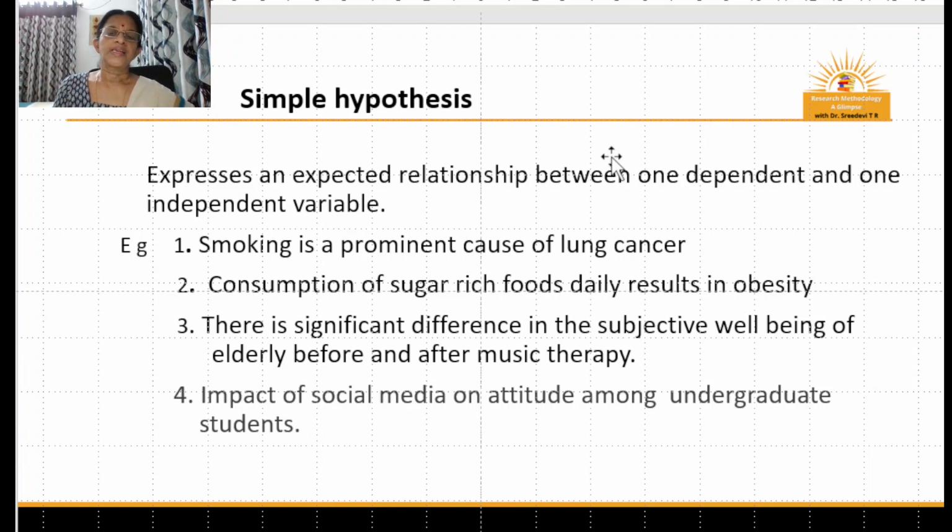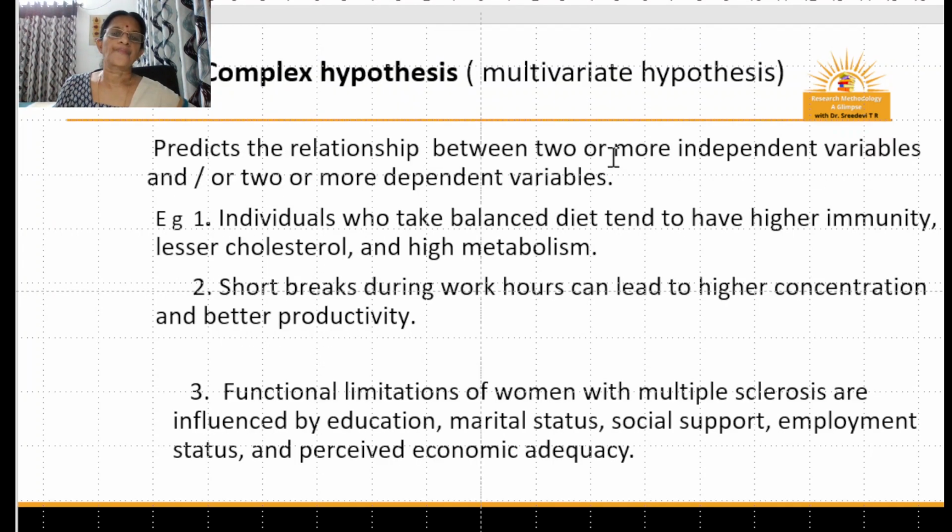Music therapy. Dependent variable is subjective well-being. Next one is impact of social media on attitude among undergraduate students. Again, independent variable is social media. So, impact of social media can change the dependent variable, attitude.